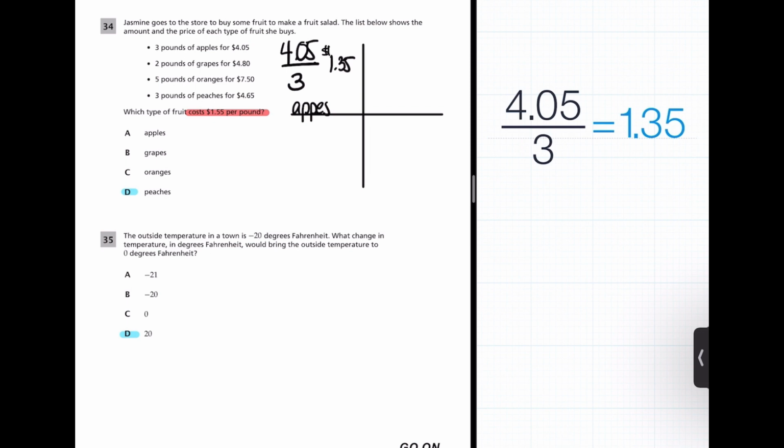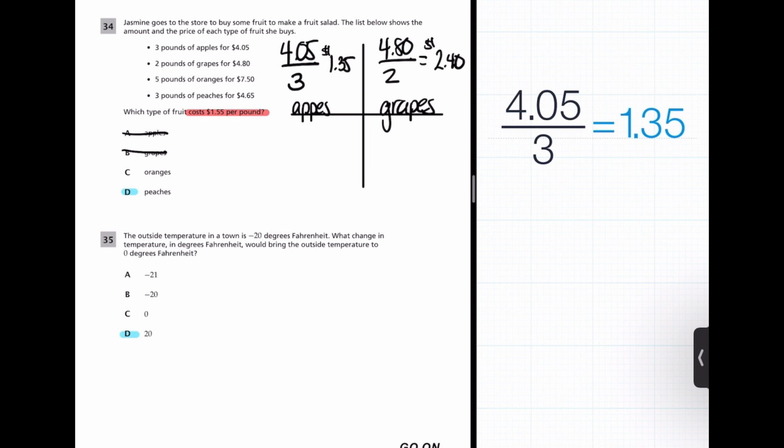Let's find the unit rate for grapes, and these are $4.80 for 2 pounds. I don't need a calculator for that one. That is $2.40. That's the unit rate. So far I still haven't found 1.55, so I'm going to eliminate apples and I'm going to eliminate grapes.